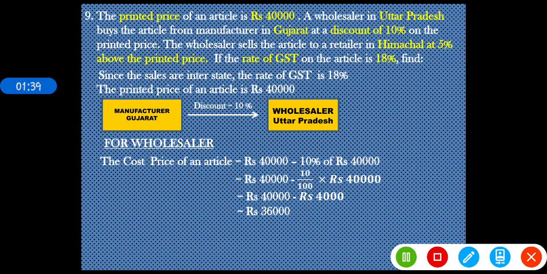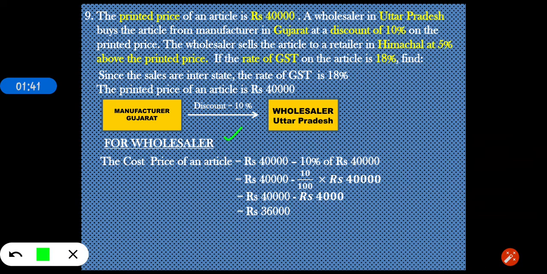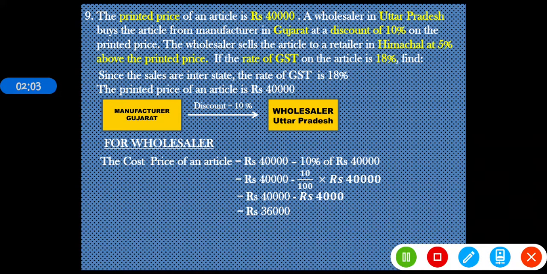Now for the wholesaler, the cost price of an article is equal to rupees 40,000 minus, because it's a case of discount, 10% of rupees 40,000. 10% of rupees 40,000 is rupees 4,000. 40,000 minus 4,000 is equal to rupees 36,000.